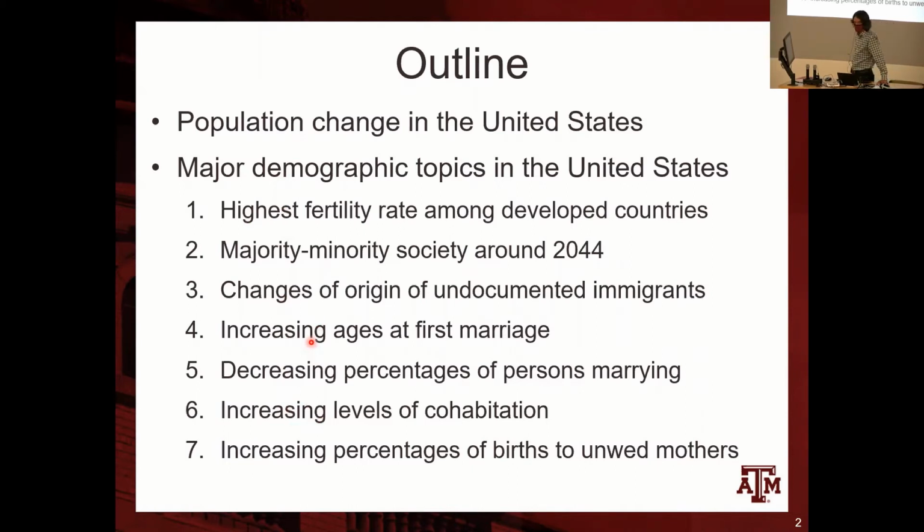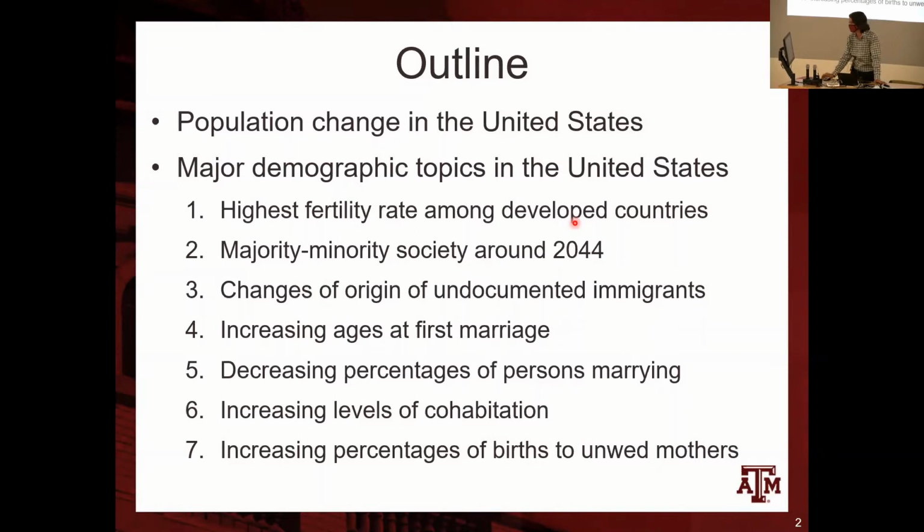So the US is the country with the highest fertility rate among developed countries. When I showed you before that previous map of the world and population increase, the US is still contributing a lot to the increase of population in the world because the fertility is still high in the US, and that's usually related to the fact that immigrants in the US have higher fertility than older generations of immigrants or native-born people.